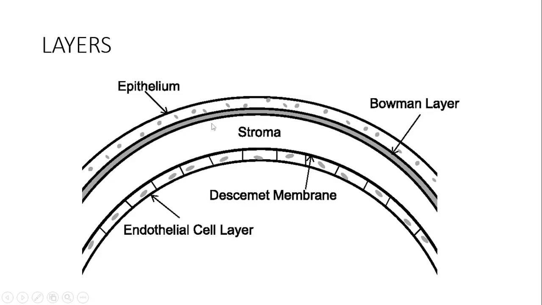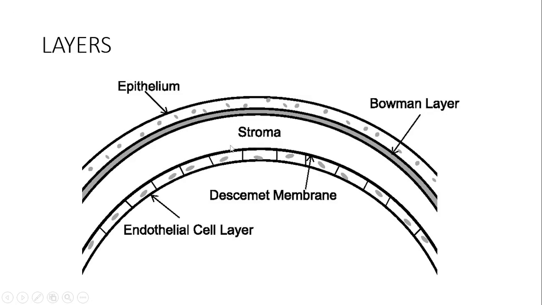And the rest of the 20% is made up of what? Glycosaminoglycans, found in the extracellular matrix. Glycosaminoglycans are a type of carbohydrate. There are three major fractions of the glycosaminoglycans. 50% of them is made up of what? Keratan sulfate.